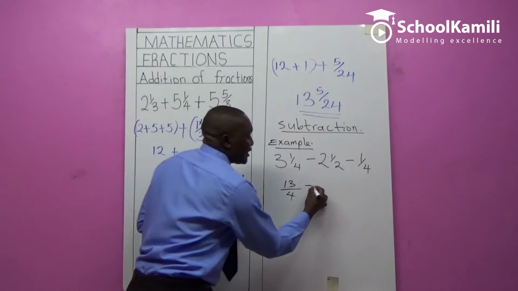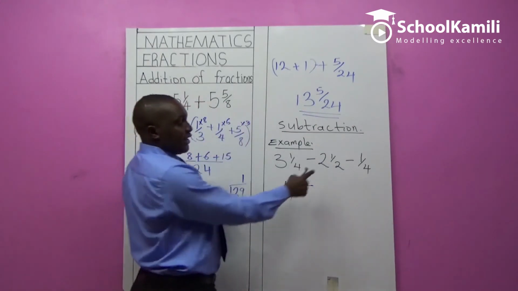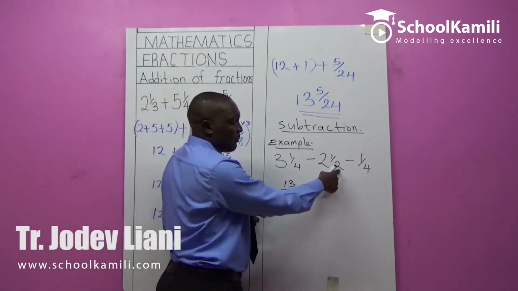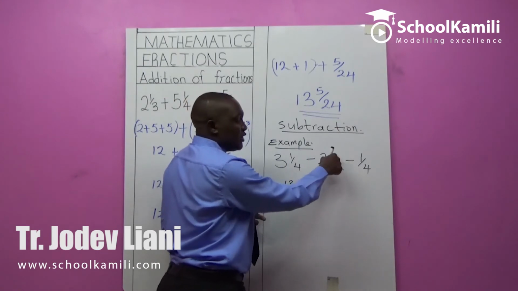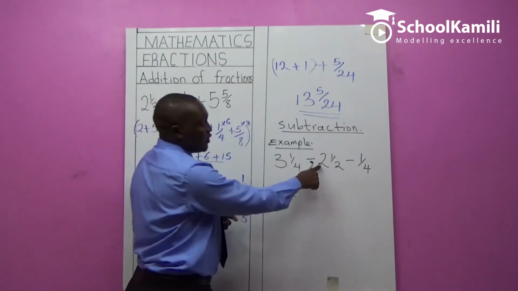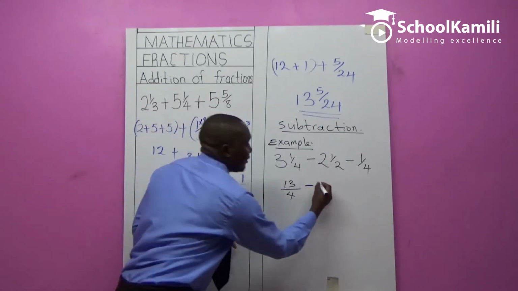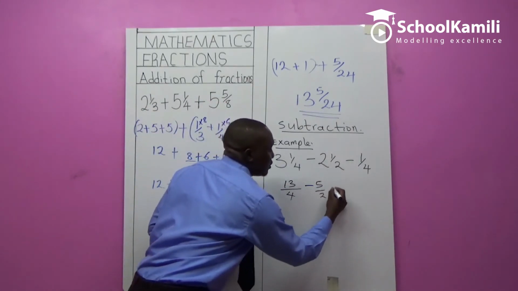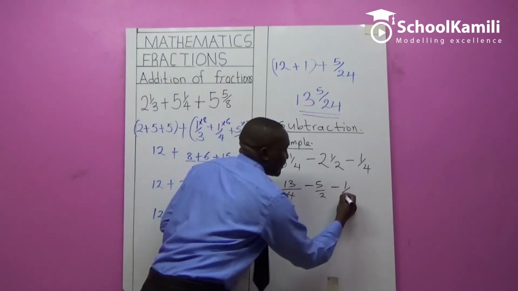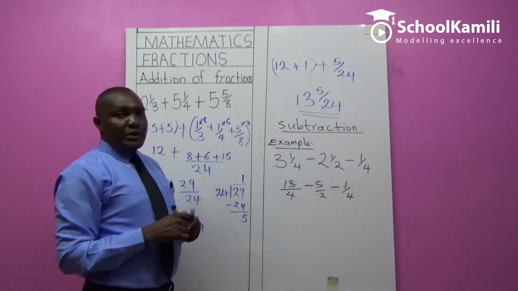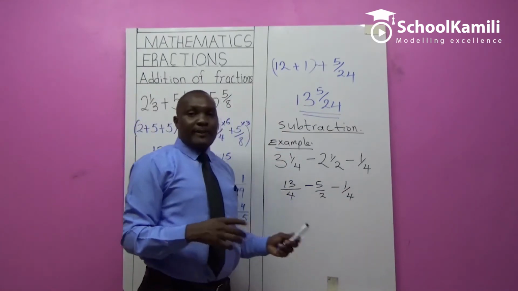The same applies to 2 1/2. Take the whole number 2, multiply by the denominator, which is 2, add the numerator, that is 1. You'll have 2 times 2, that's 4, plus 1, you get 5/2 minus 1/4. Then from there, you now solve using the LCM.